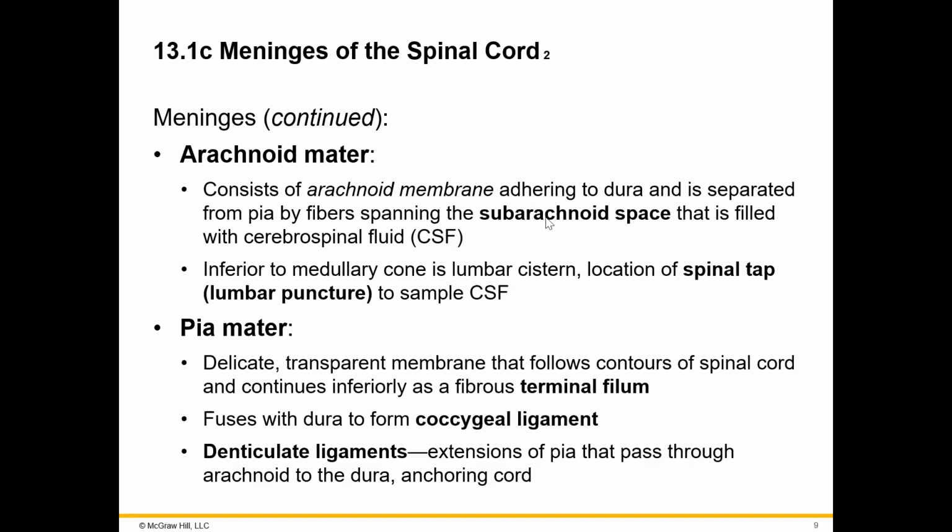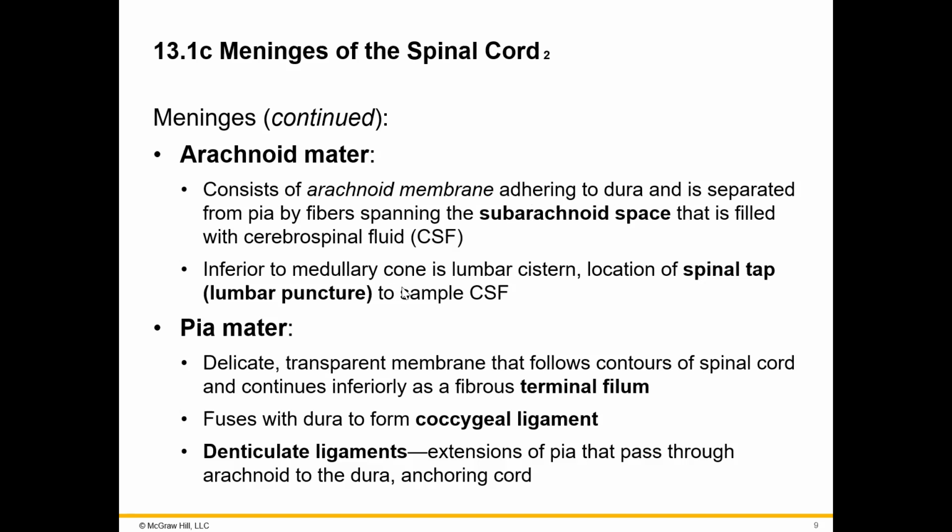Very good. So the arachnoid mater consists of arachnoid membrane adhering to the dura mater and is separated from the pia mater by fibers spanning the subarachnoid space.